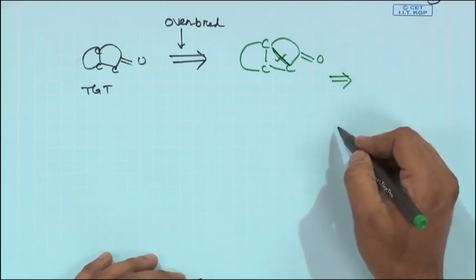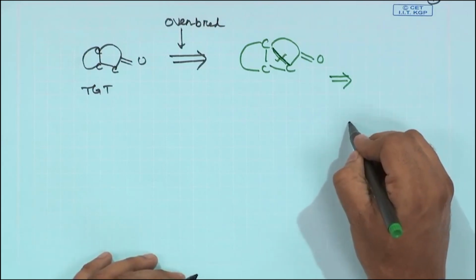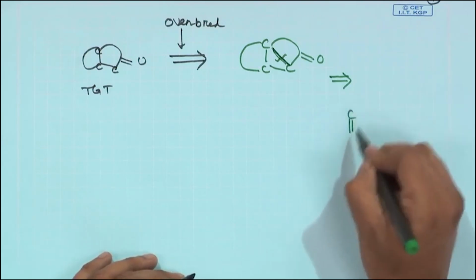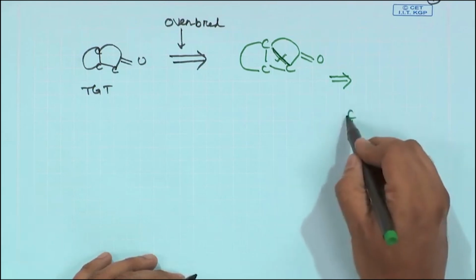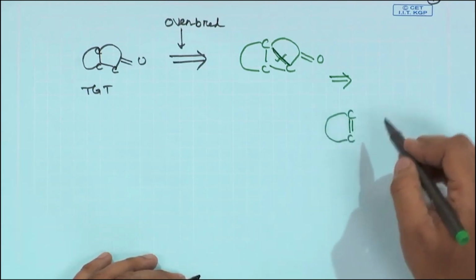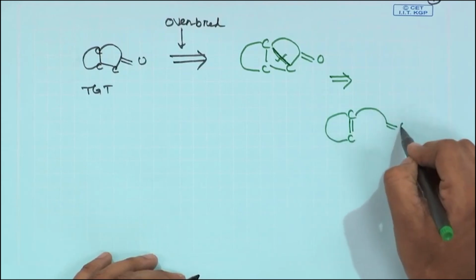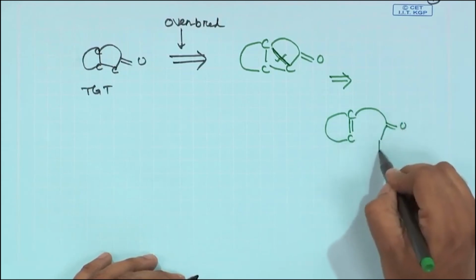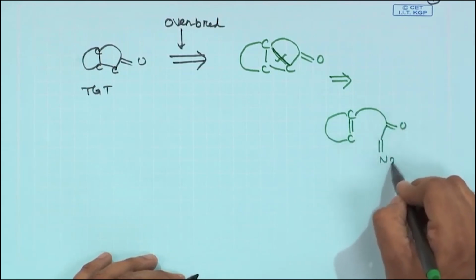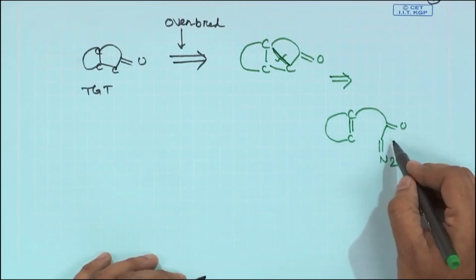Now, a 3-member ring is often not easy to make, but there are certain reactions which will allow you to make the 3-member ring. One such reaction, which probably all of you know, is the carbene addition to a double bond. So, if you have some compound like this, a diazo compound. Remember, in the last class we talked about Regitz diazo transfer.